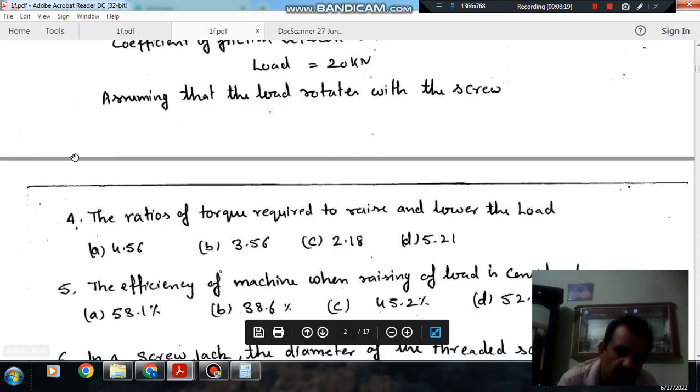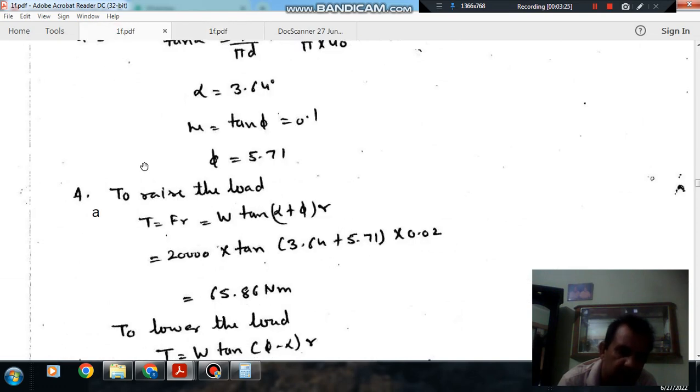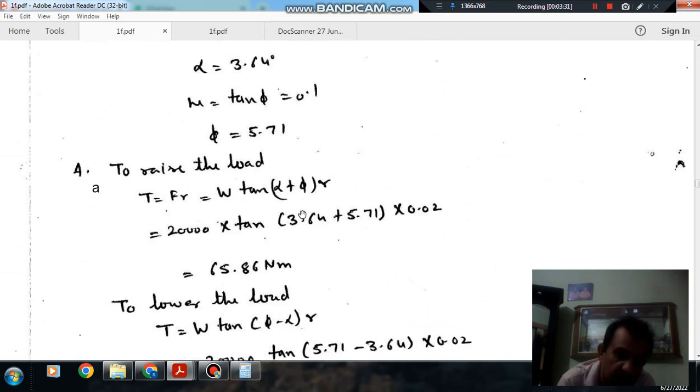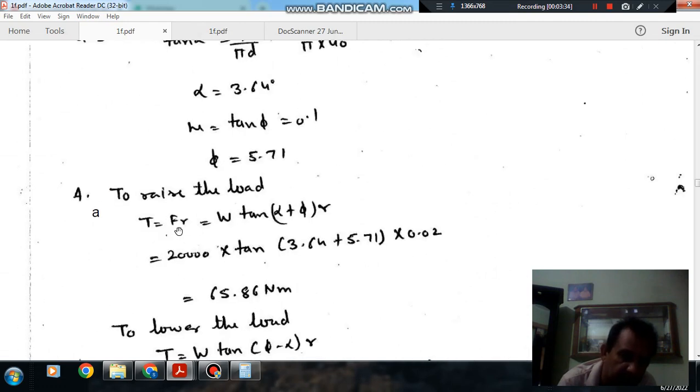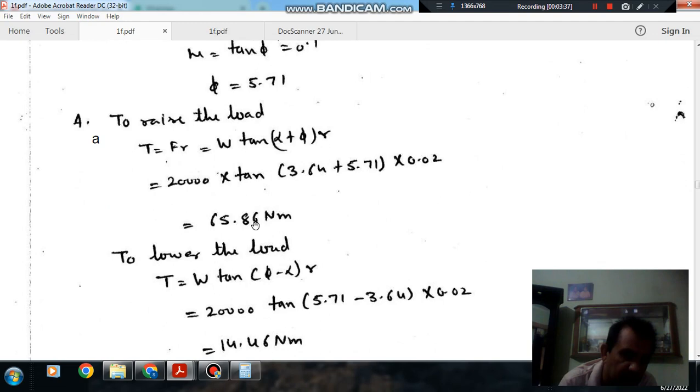Now the efficiency of the machine when raising of the load is considered. When raising the load is considered, the force required is W tangent alpha plus phi. When friction is not considered, the force required is W tangent alpha.